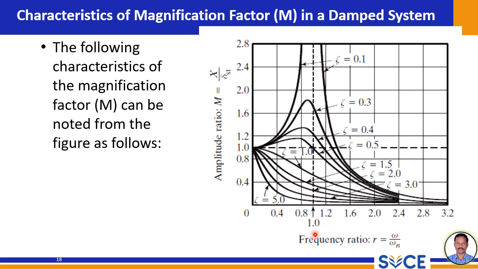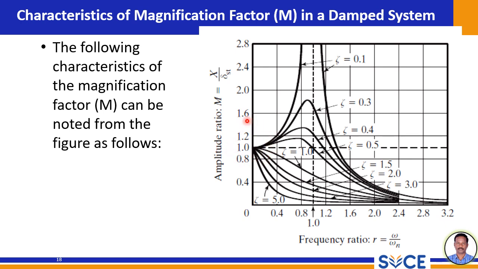Frequency ratio at peak: the frequency ratio at which the peak occurs is slightly less than 1 for low damping ratios. As the damping ratio increases, the peak becomes less pronounced and shifts towards lower frequency ratios. At lower frequency ratios, that is R less than 1, the magnification factor approaches 1 for all damping values.